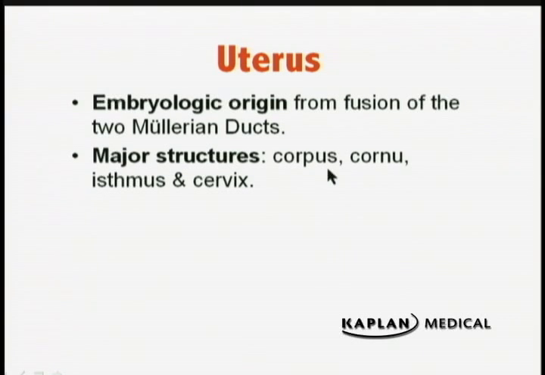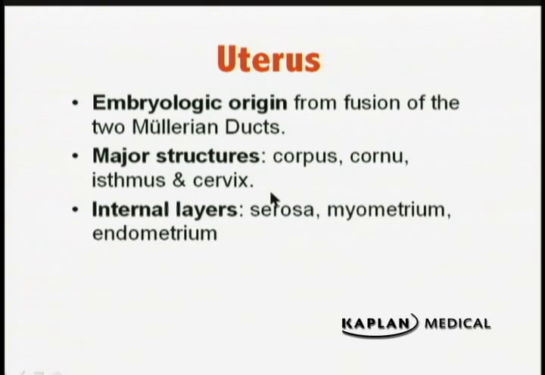The corpus is made up mostly of smooth muscle. The cervix is mostly of collagen. And when we talk about labor, you'll see how important that is. The internal layers of the uterus are the serosa, which is the outer layer, which provides a smooth, lubricated surface where the structures in the abdomen, the bowel, and the viscera can slide easily over each other.